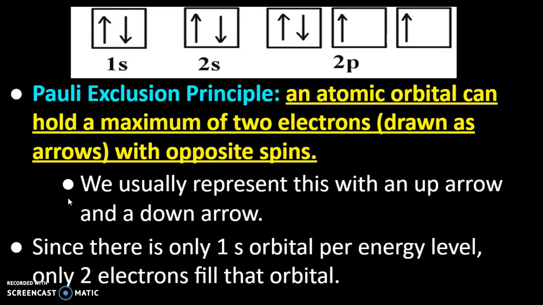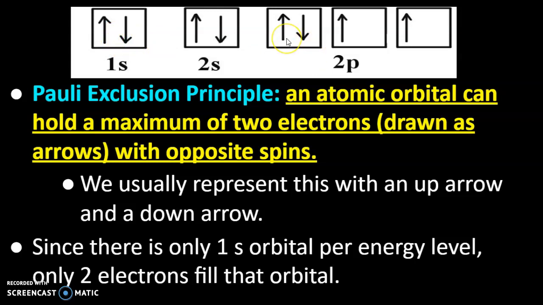The second rule in writing an orbital diagram is called the Pauli exclusion principle. This rule states that an atomic orbital can hold a maximum of 2 electrons, so each box is one orbital. In each box, the electrons need to have opposite spins, denoted by having opposite signs of the arrow.